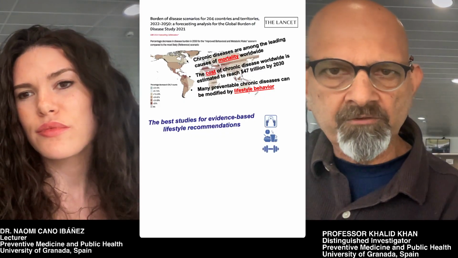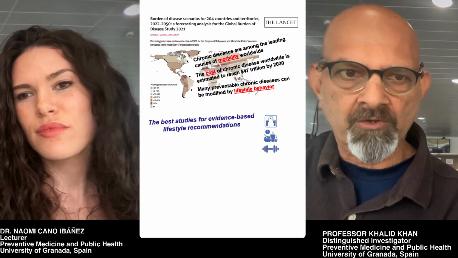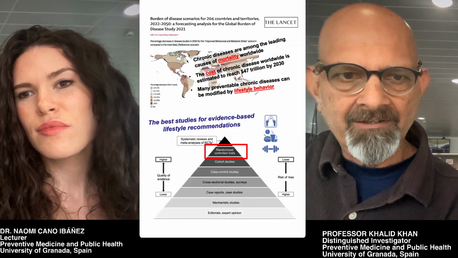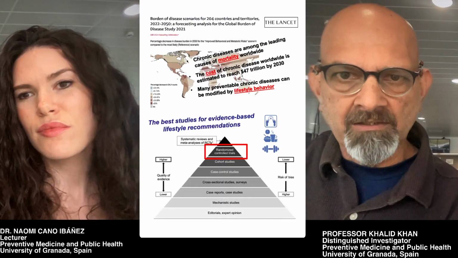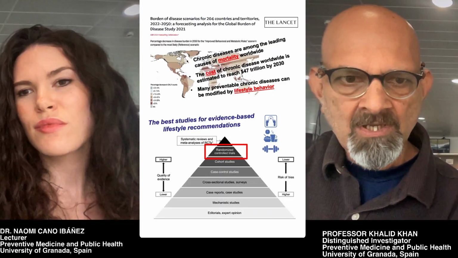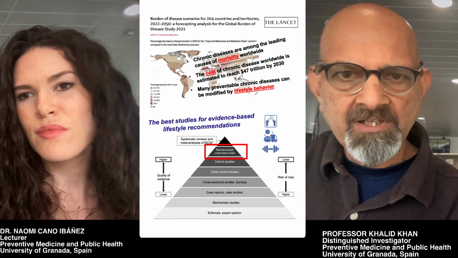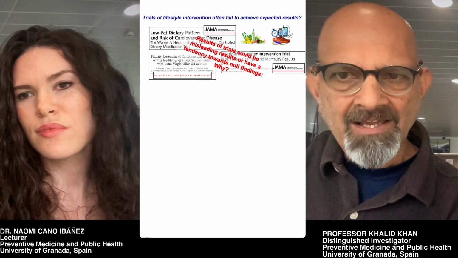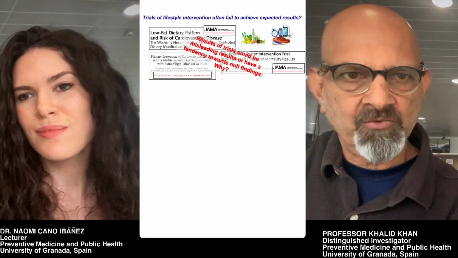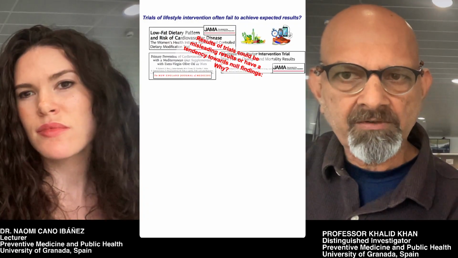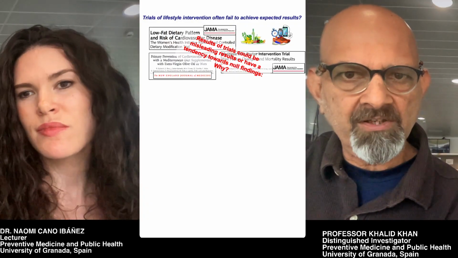Obviously this problem needs to be solved through research for evidence-based medicine, and here randomized trials are at the top of the evidence hierarchy. What we are going to see now is that many of the published trials have, in fact, negative findings when it comes to lifestyle interventions for management of chronic disease.